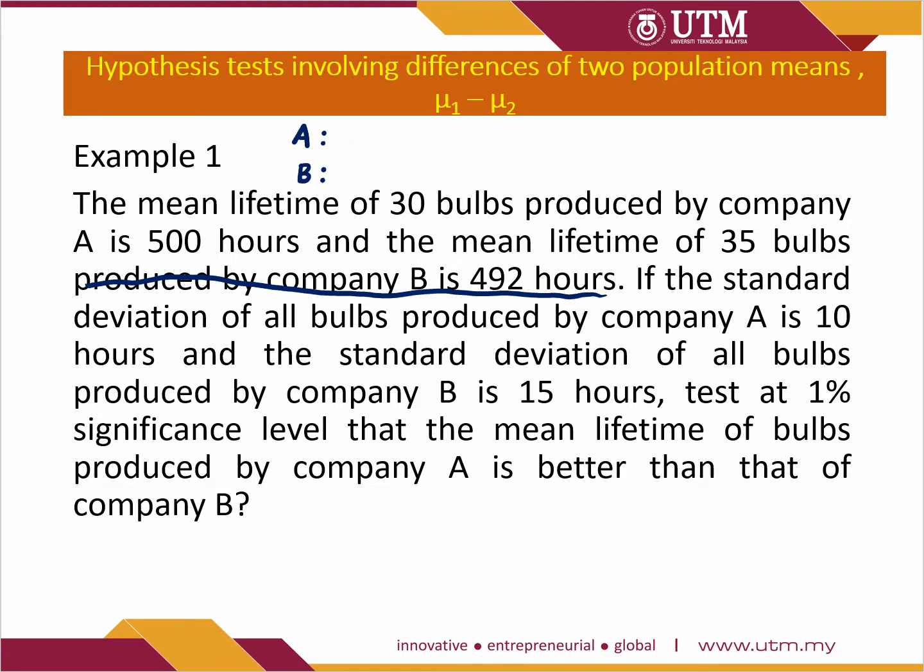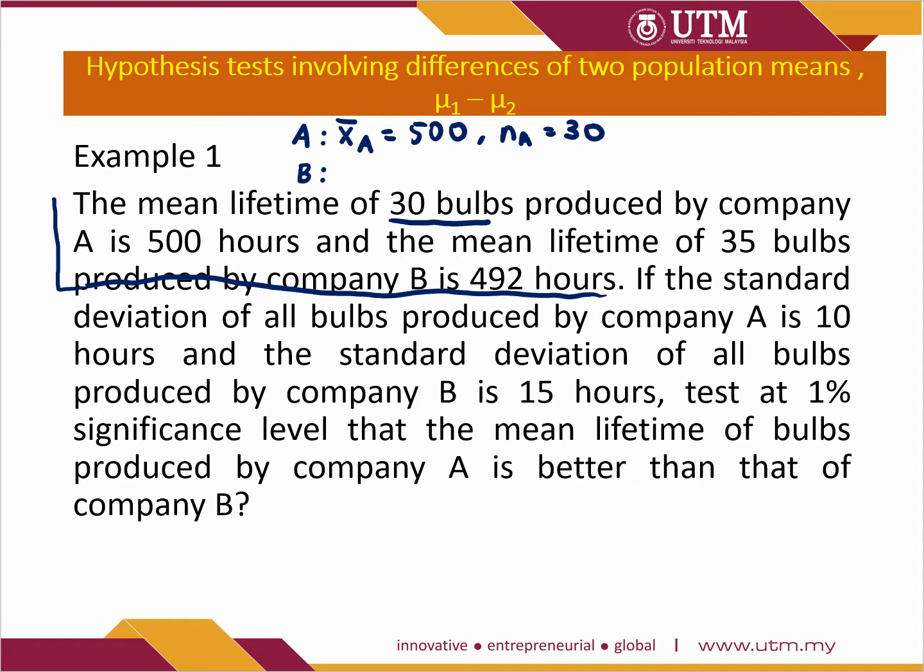Here we have the situation given that the mean lifetime of 30 bulbs produced by company A is 500. This statement is the mean from the sample, given as X bar from company A equals 500, and 30 bulbs refers to the number of samples from company A. So NA equals 30.